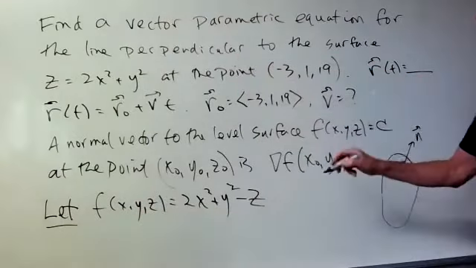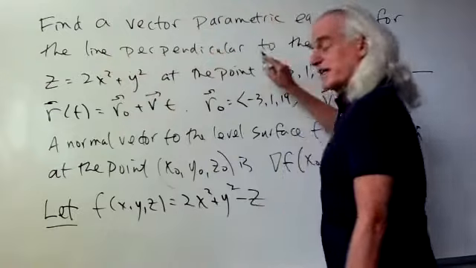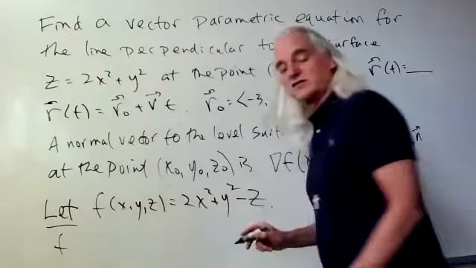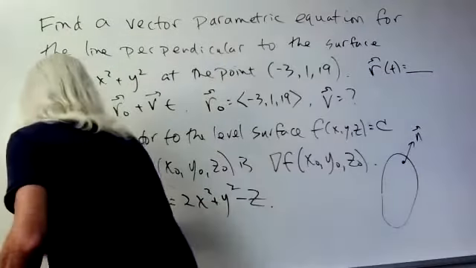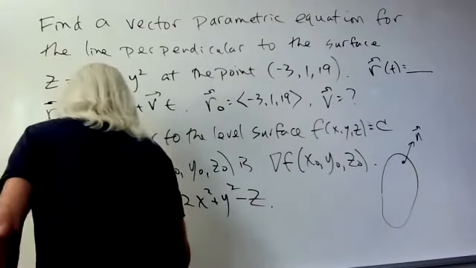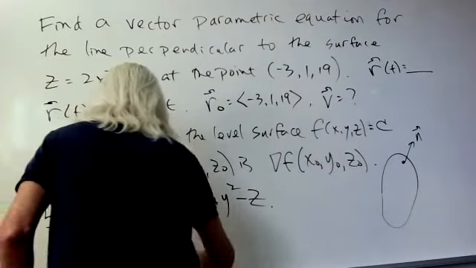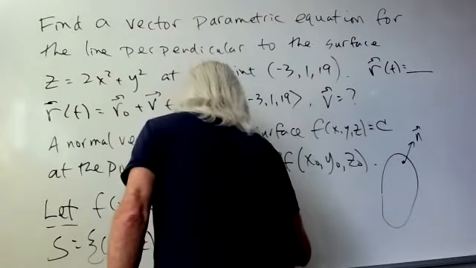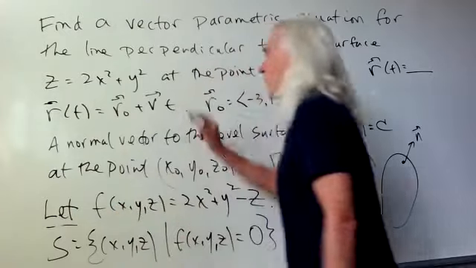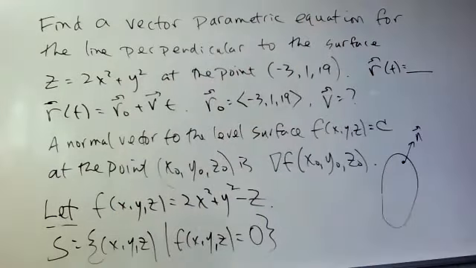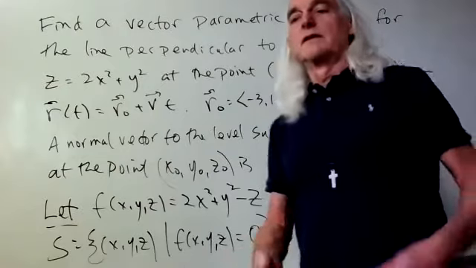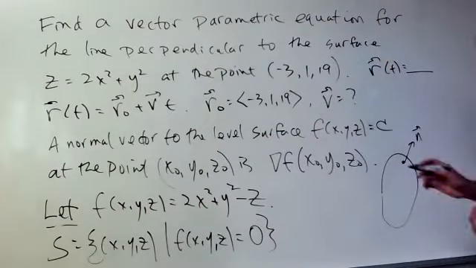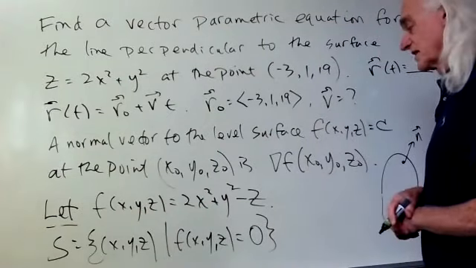The surface we're interested in is the set of all x, y, z such that f of x, y, z equals 0. So I brought this all over. By the way, at the end I'll quickly talk about a different way to do this problem, but this is probably the easiest.